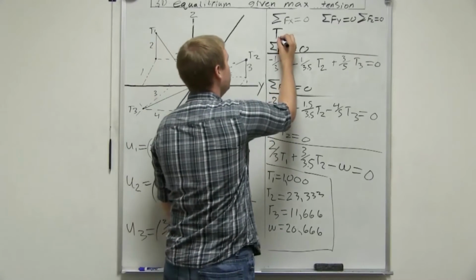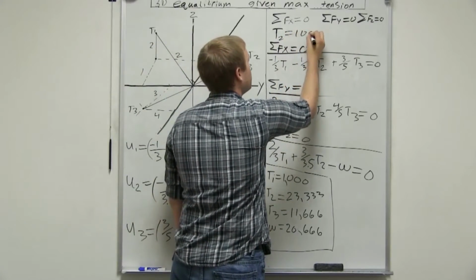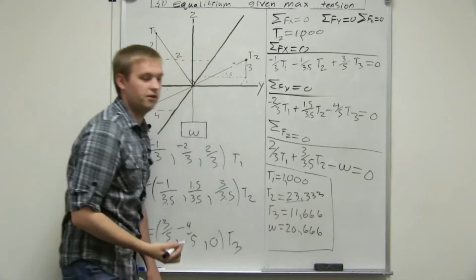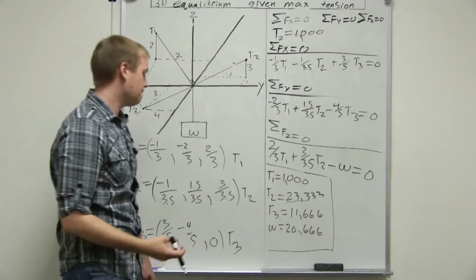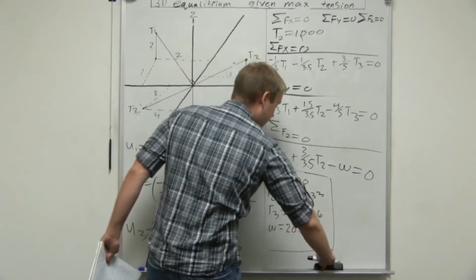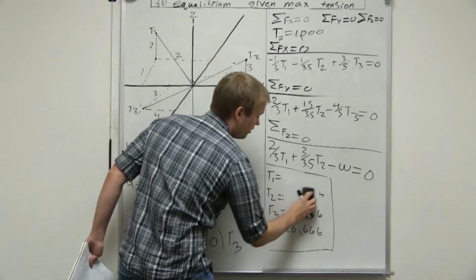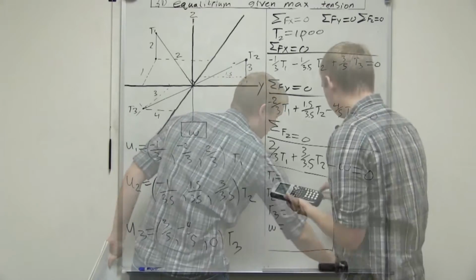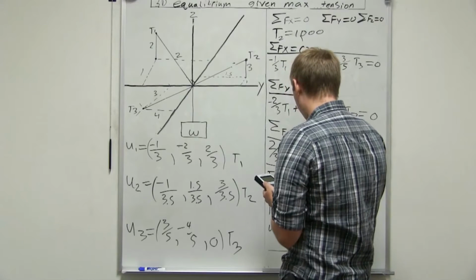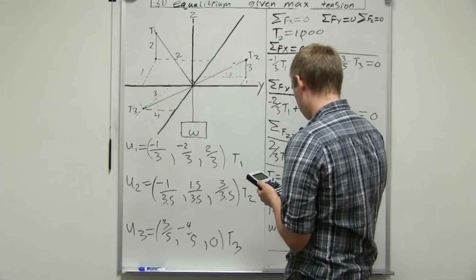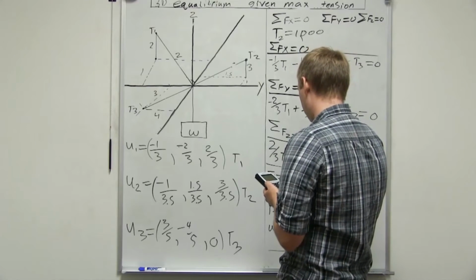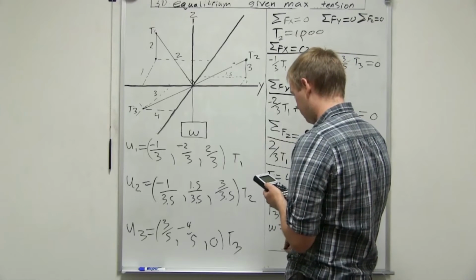So now we're just going to say that T2 equals 1,000 pounds because that one came out to be the largest number. Okay? And rerunning our simultaneous solver with that gives us T1 equals 42.85 pounds. T2 equals 1,000 pounds. T3 equals 500 pounds.